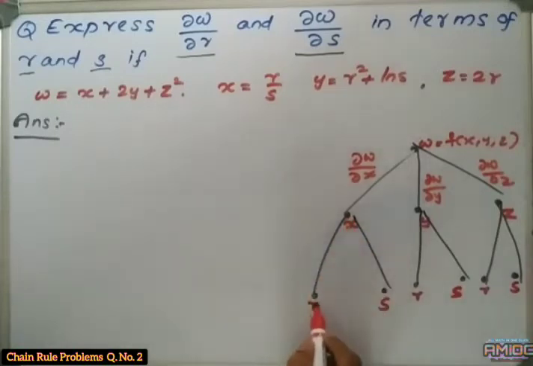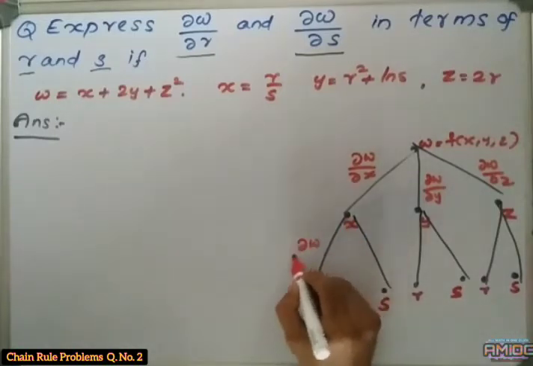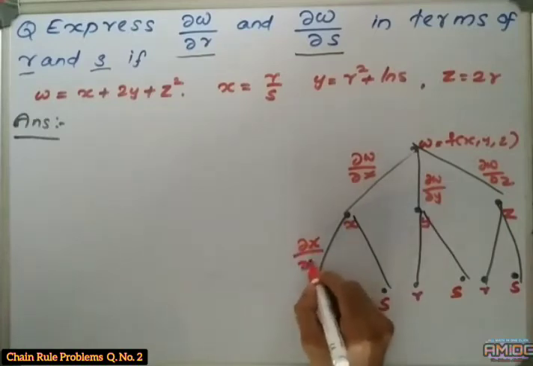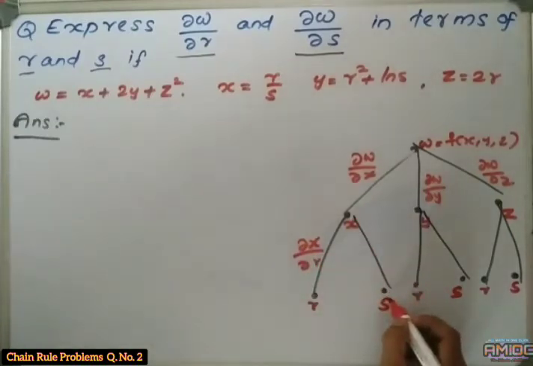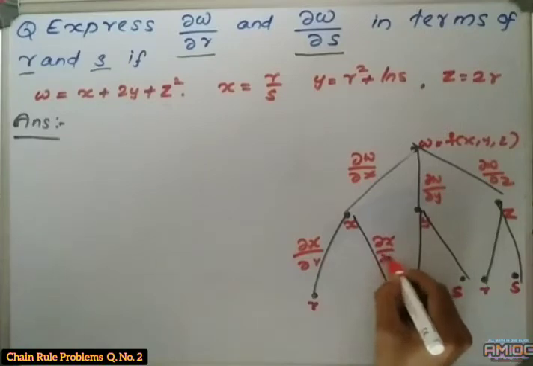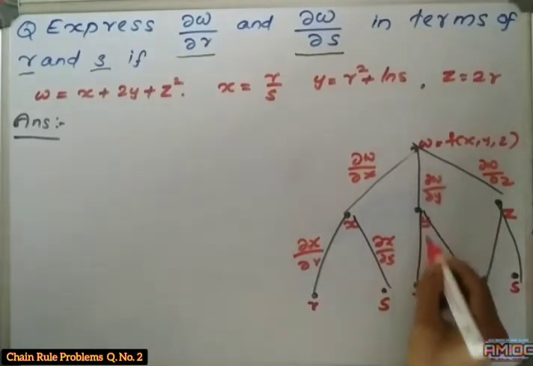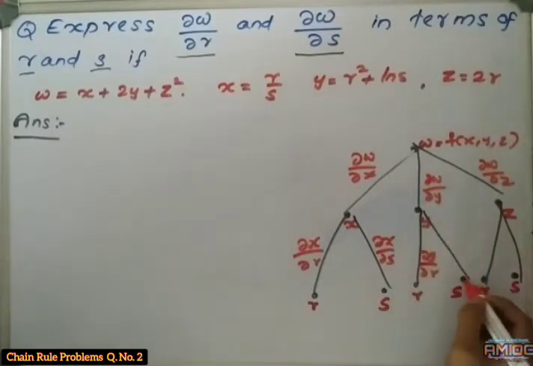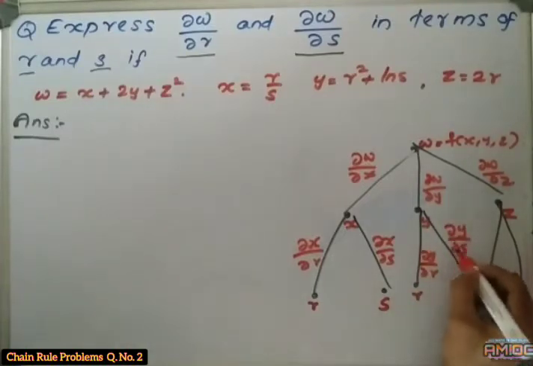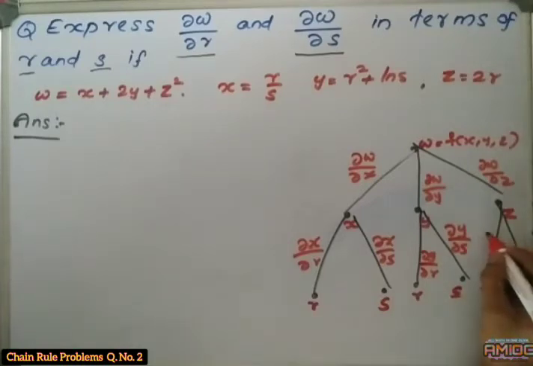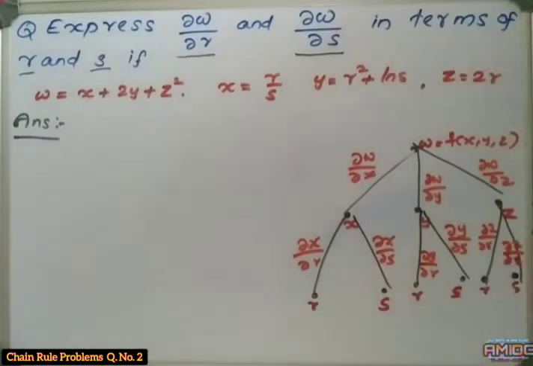Taking derivative of x with respect to r, we get ∂x/∂r, and with respect to s, ∂x/∂s. For y, ∂y/∂r and ∂y/∂s. For z, ∂z/∂r and ∂z/∂s. First of all, we have to evaluate ∂w/∂r.